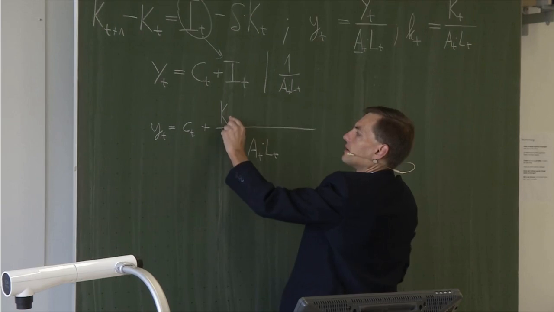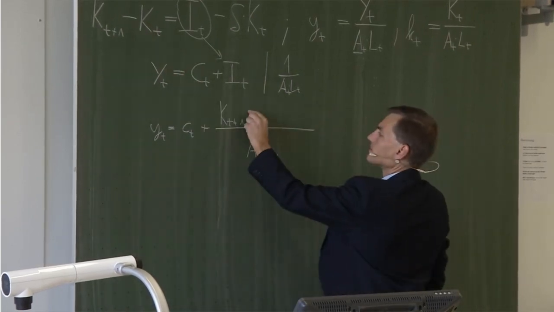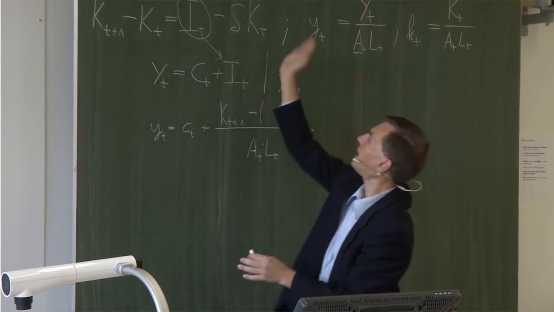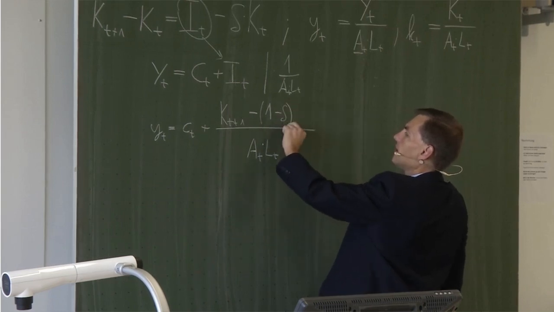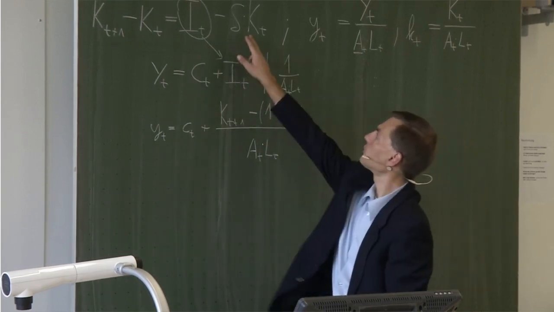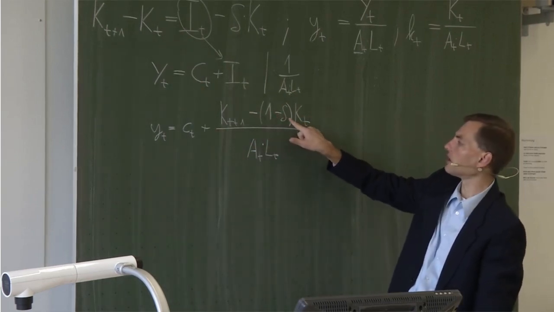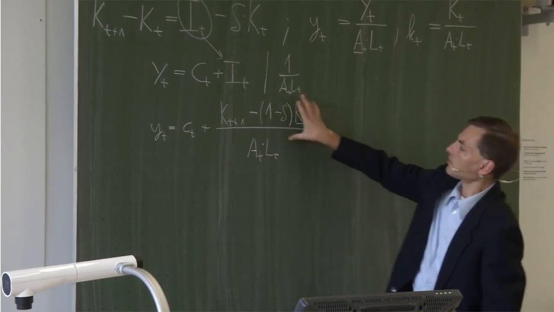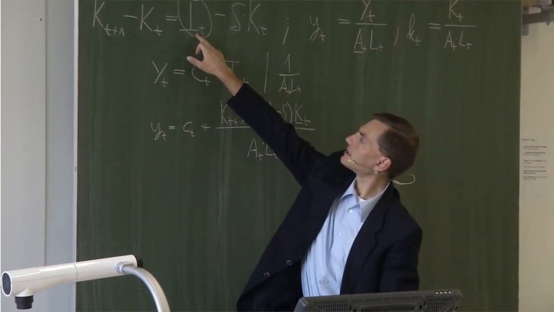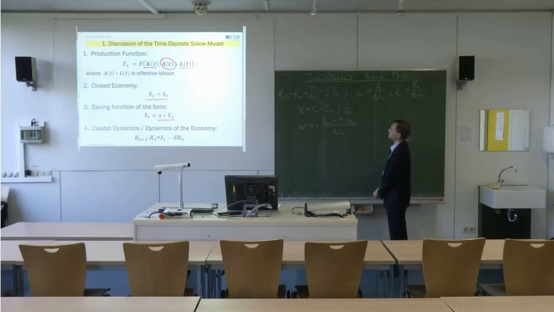Well, I have K_{t+1}, and then I have minus, and if I factor out the K, if this is on the other side, it is then 1 minus delta K_t. If you bring this on the other side, it gets plus, and minus is also plus delta K_t. It's just factoring out the K_t. Okay? So what I have here is investment, and I just substitute the left-hand side in here. Okay, that is good so far.